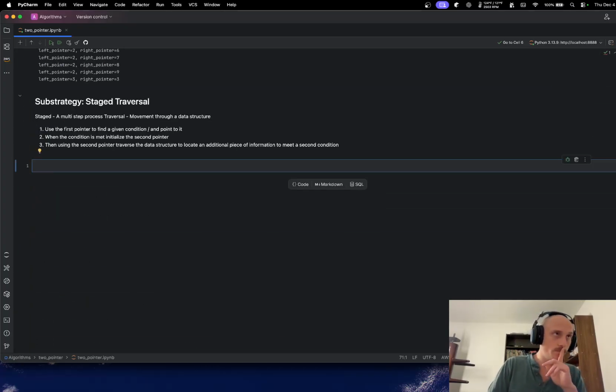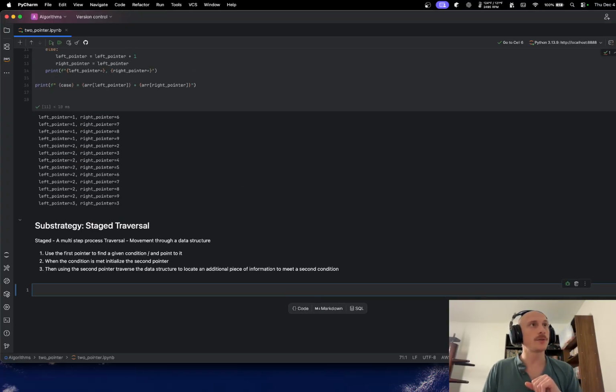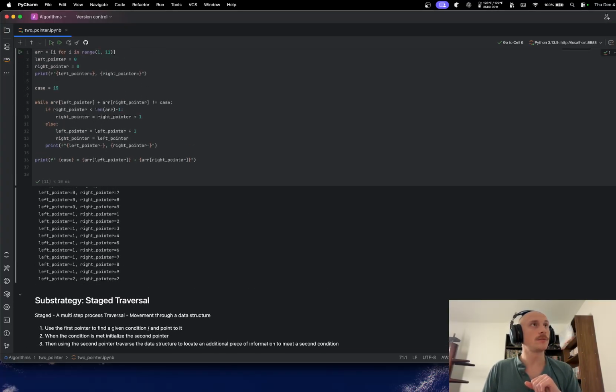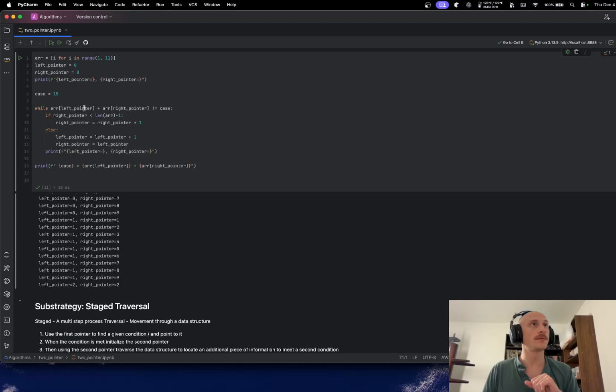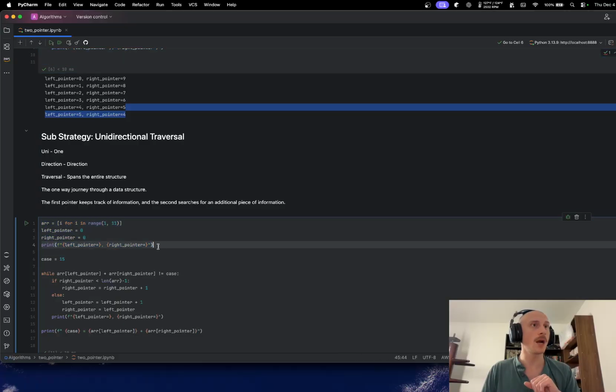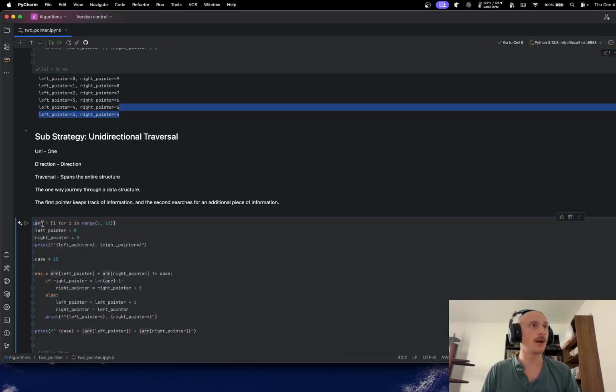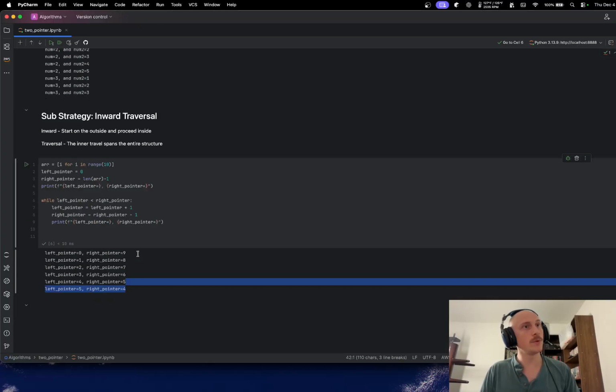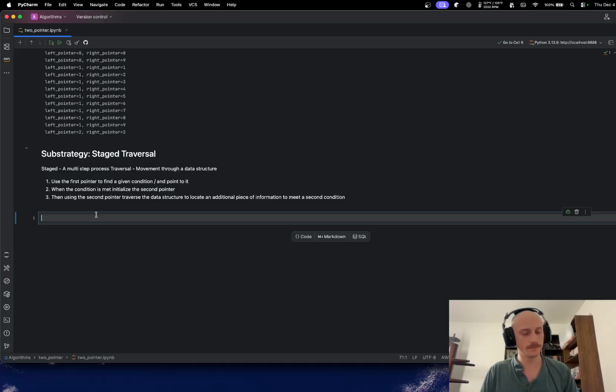So let us create our things. I'm going to go ahead and grab our specifics here: the array, left pointer, right pointer, and then we're going to move that down here.